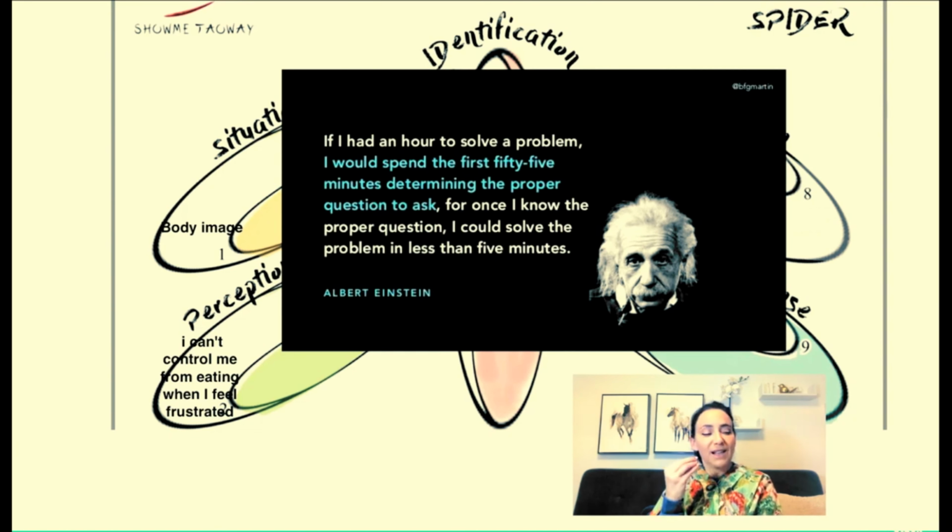All right? I like to give the example of a bowling game: once we shift the angle of the ball a little bit and we throw it, it will reach a totally different point, right? This is exactly what we do here. We teach ourselves how to ask a proper question. By asking a proper question, we are leading our insights to a totally different place to receive a proper answer.